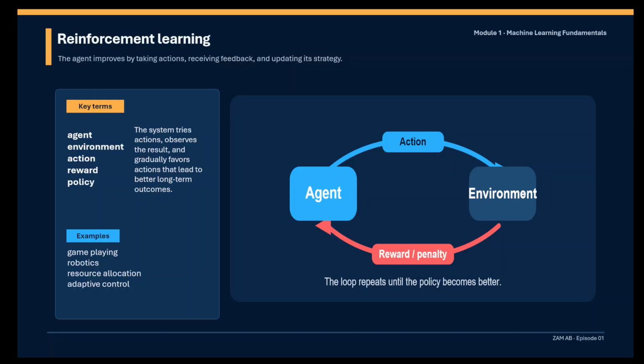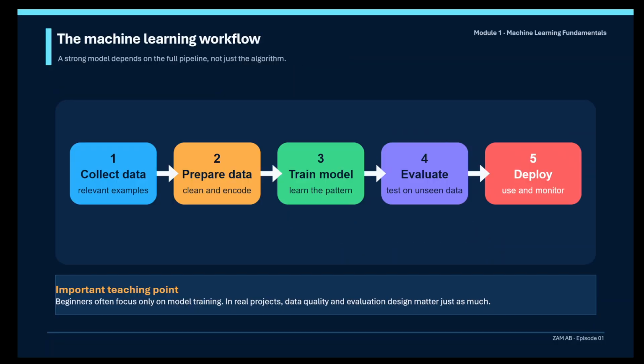So this is reinforcement learning, very simple. The agent improves by taking actions, receiving feedback, and updating its strategy. This is very important, and this type of machine learning has been implemented in various domains, and it has done wonders.